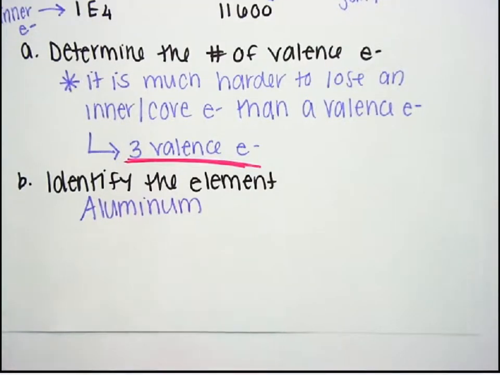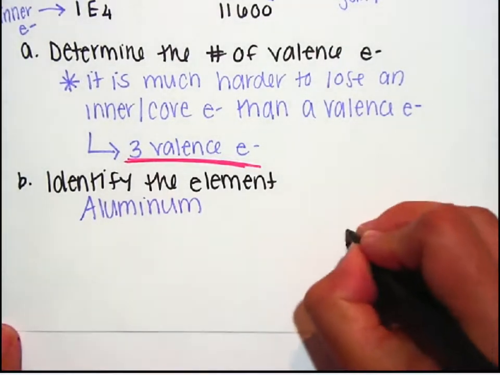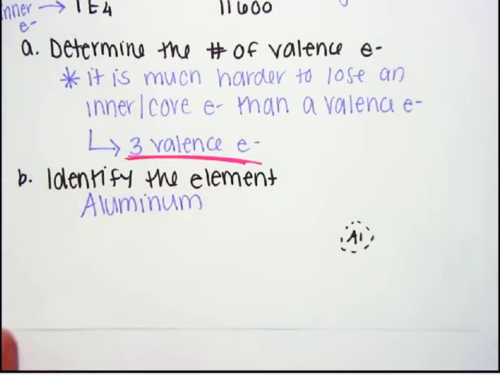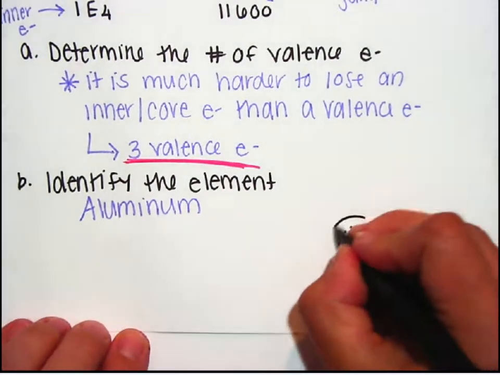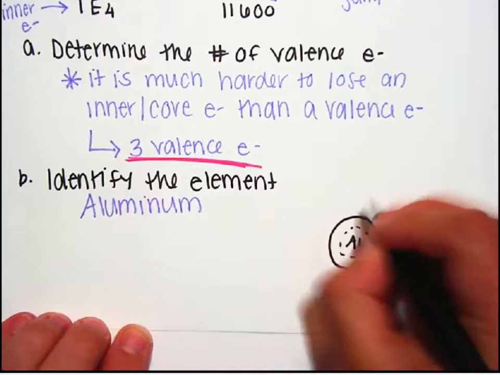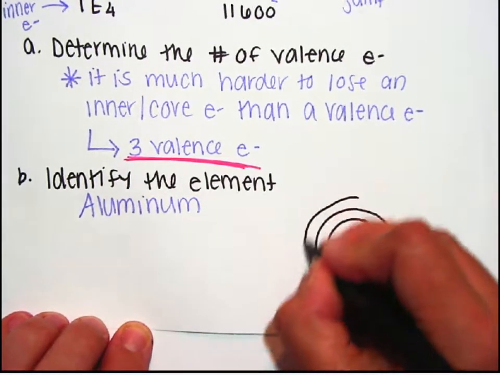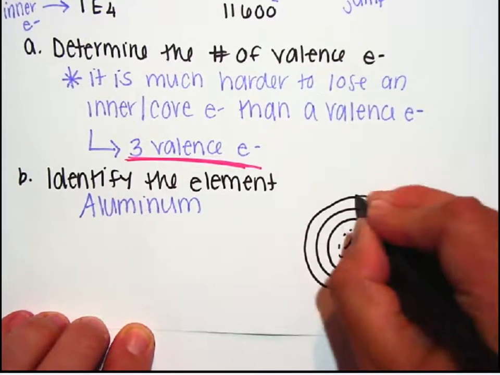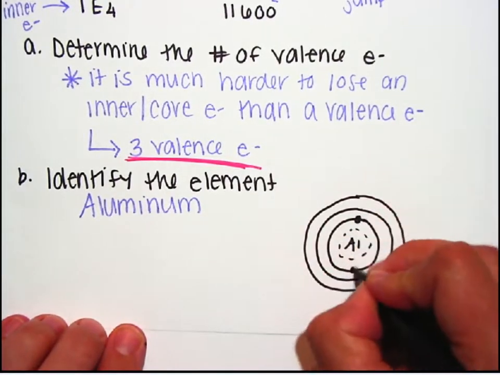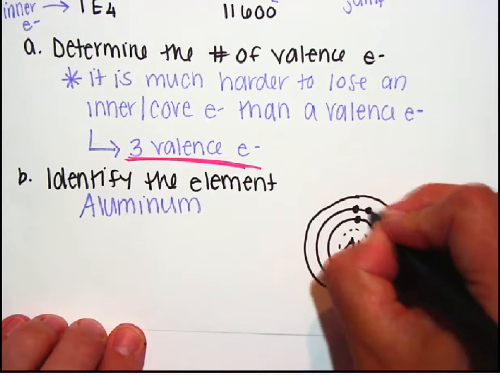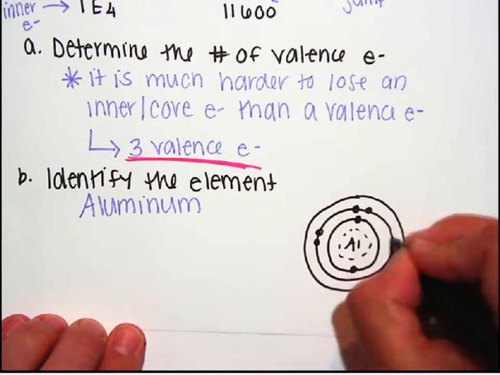I'm going to draw a quick Bohr diagram for aluminum. Here's my nucleus. It's a period 3 element, so I know I have 3 electron shells. Atomic number 13. So I would have 13 protons, 13 electrons.